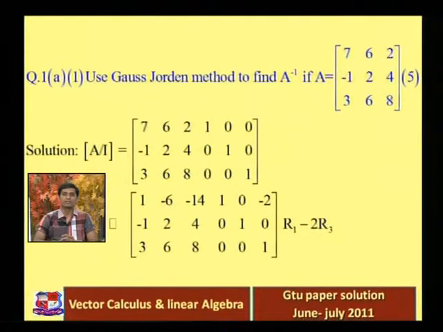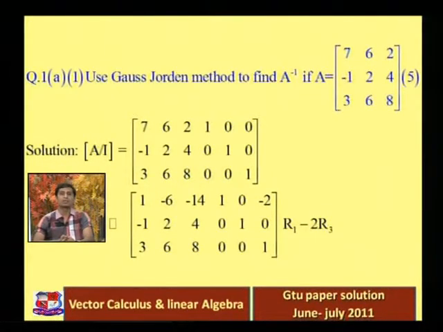Next, first operation: we want to make the first leading entry 1. So we multiply the third row by -2 and add it to the first row, that is R1 minus 2 R3.